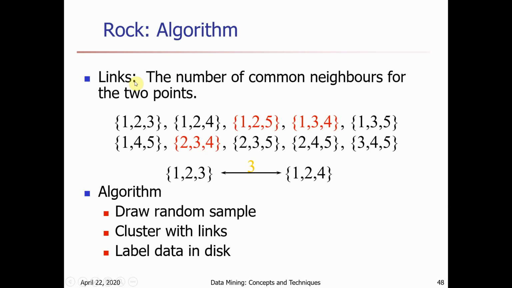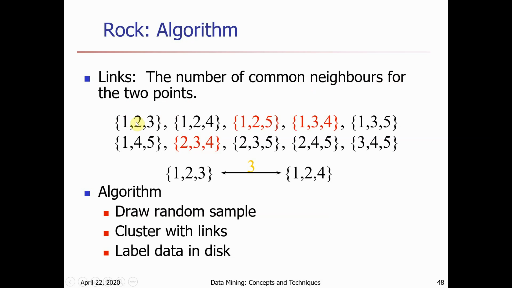In the ROCK algorithm we are using links. In the given set, how many elements do we have? Only 5 elements, 1 2 3 4 5 overall. So how to form the links? The number of links is the number of common neighbors for the 2 points.